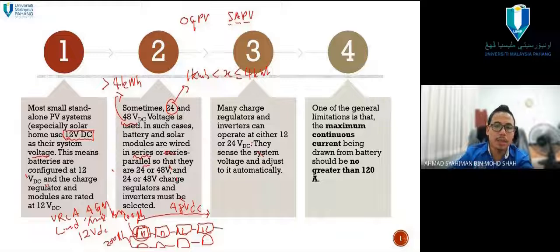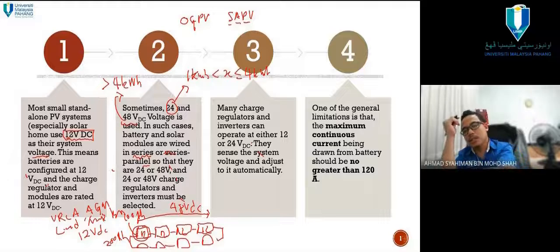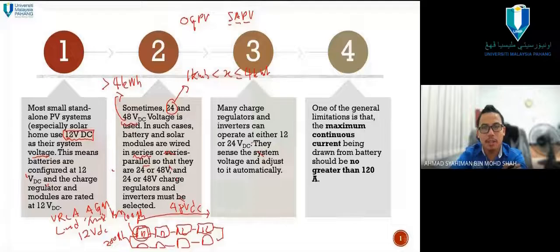And during the parallel connection, you need to be very, very careful. Please use the breaker. If you don't use the breaker while you try to connect one series and another series in parallel, it may not explode, but it may produce some sparks during your installation of the battery.